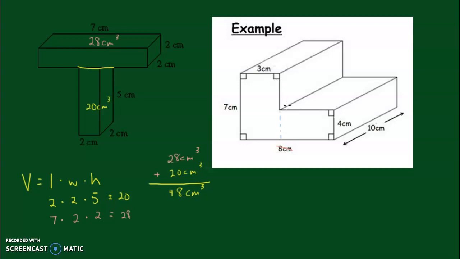And to do that, we need to look at this 3 centimeters right here. So the distance from here to here is 3 centimeters. So that means the distance from here to here also has to be 3 centimeters.